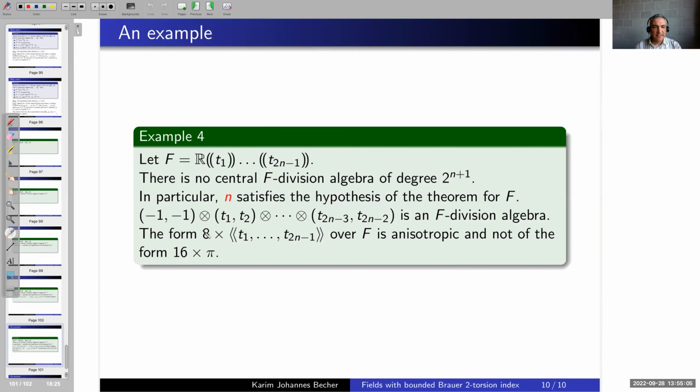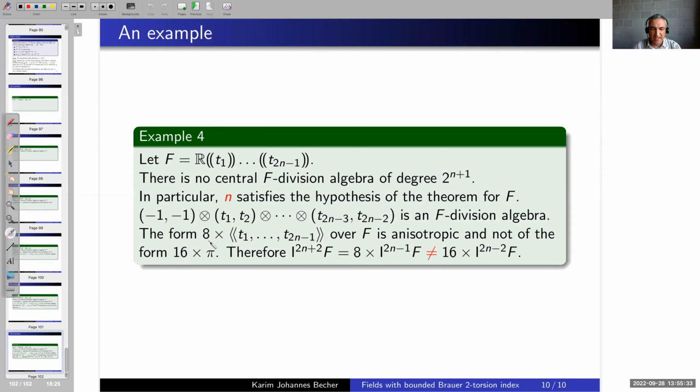But on the other hand, if you take the form that you get by taking the variables here, that is in I^(2n−1), and you take it times 8, you can easily see that this is not equal to 16 times another form π. So this will never be in the ideal 16 times I^(2n−2). So you get that these two things really start to be different, even though this hypothesis on tensor products of quaternion algebras is satisfied.